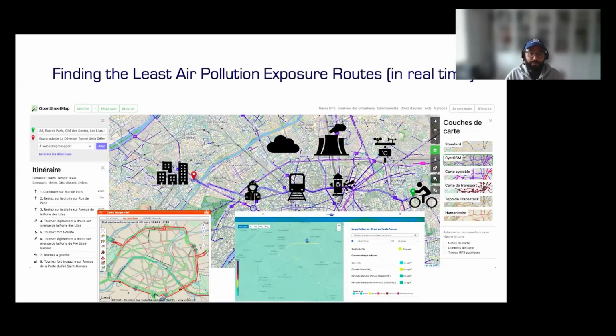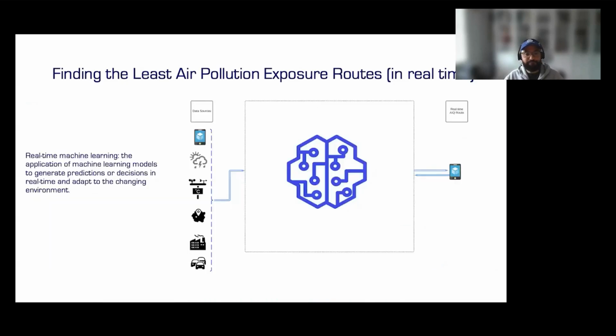So in order to get an answer to this question, we need to combine different sources. We need to be able to get information about what's happening right now. This is what, in a nutshell, I mean in this presentation by real time.